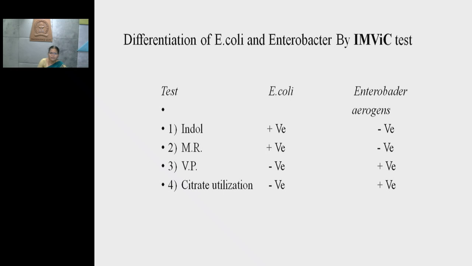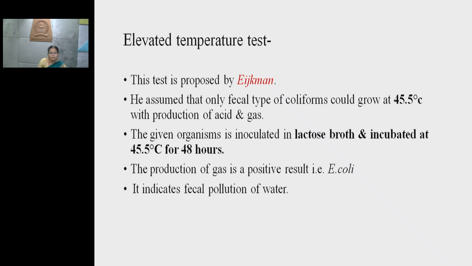Indole test and MR test are positive for E. coli. For Enterobacter aerogenes, Indole and MR tests are negative, while the VP and citrate utilization tests are negative for E. coli and positive for Enterobacter aerogenes. So this particular test is useful in differentiating E. coli from Enterobacter aerogenes.